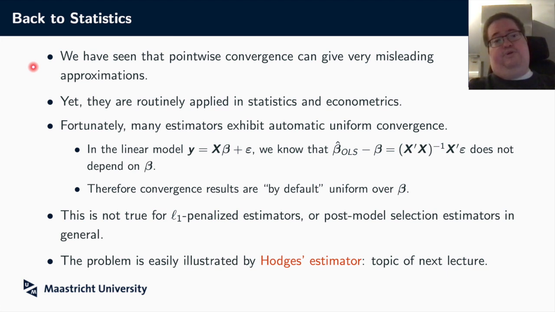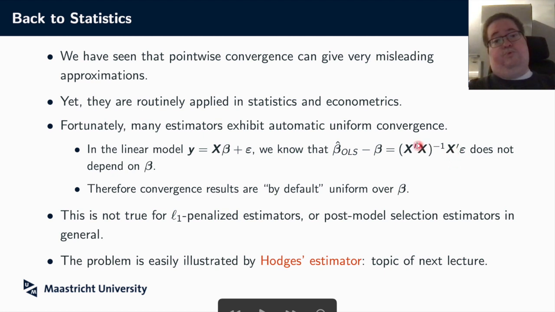Now, part of the reason why we do that is that actually many estimators do have automatic uniform convergence. For instance, a very simple case is the least squares estimator. Take our linear model, this is our true model, and we can write the difference between the least squares estimator and the true parameter as this familiar form.